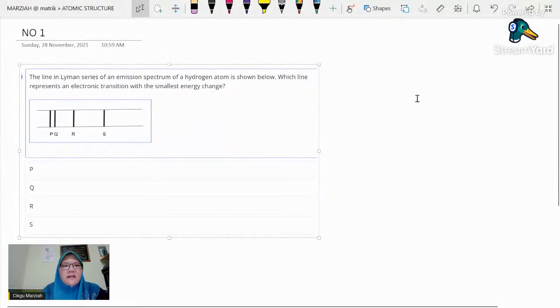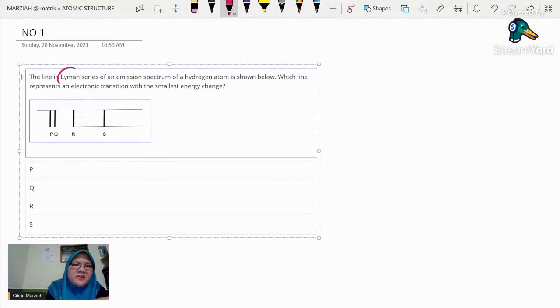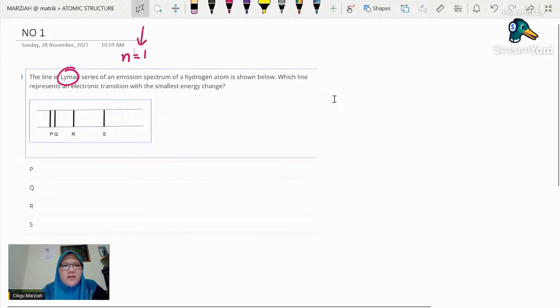Dia kata, the line in Lyman series, so the keyword is Lyman series. So we know that Lyman, it fall to n equal to 1 from somewhere else. Of an emission spectrum of a hydrogen atom is shown below, which line represent the electronic transition with the smallest energy change.